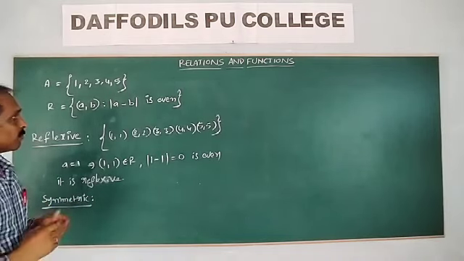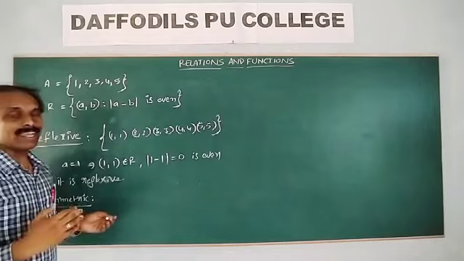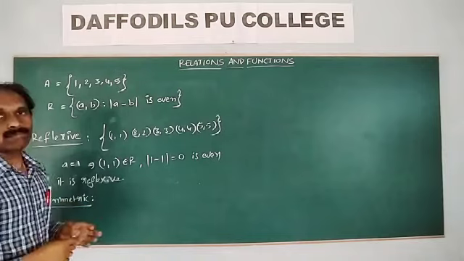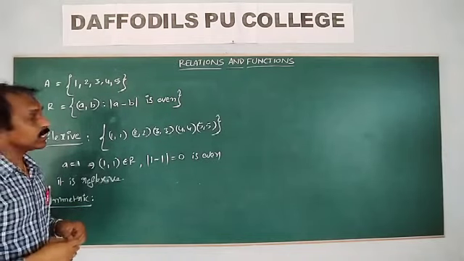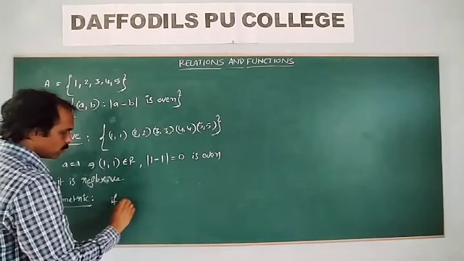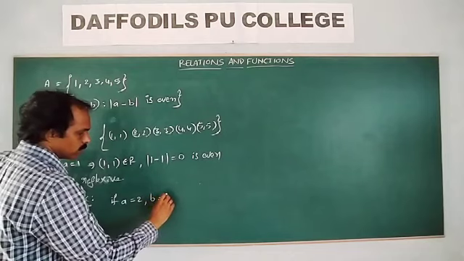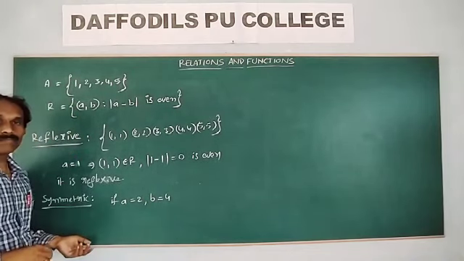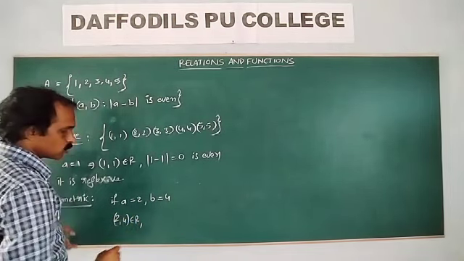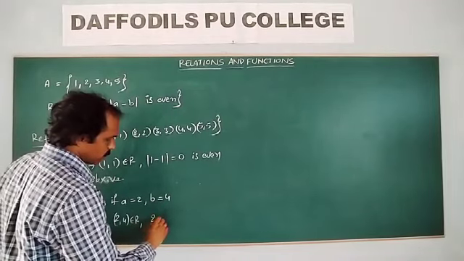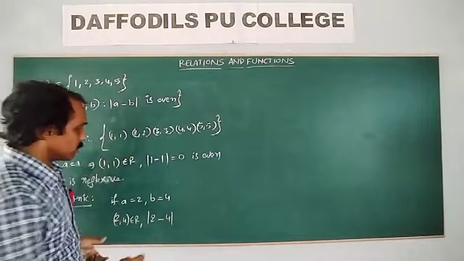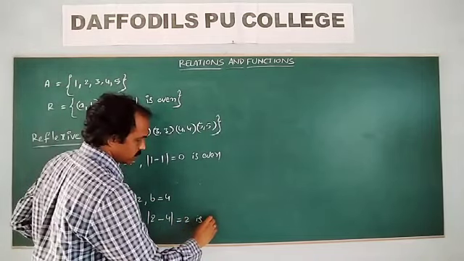Next, symmetric. Show that it is symmetric. If (a, b) is in R, meaning a minus b is even, then b minus a is also even. Suppose a is equal to 2 and b is equal to 4. (2, 4) belongs to R means modulus of 2 minus 4 is equal to 2, which is even.